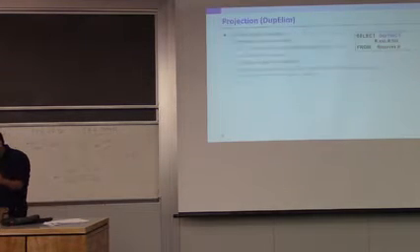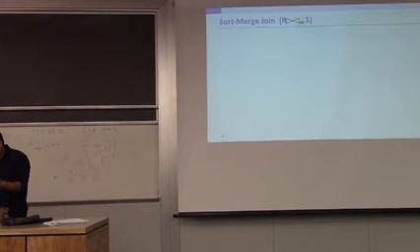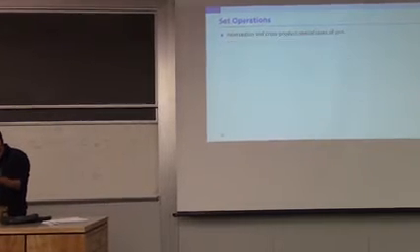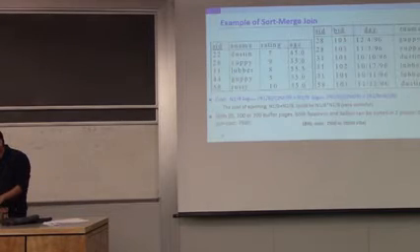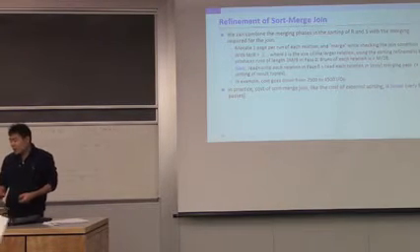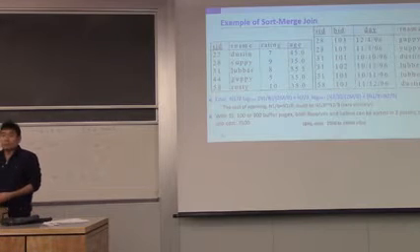So I think we're almost done with query evaluation, right? The only point I want to make is, one thing we haven't talked about is the refinement of sort merge.